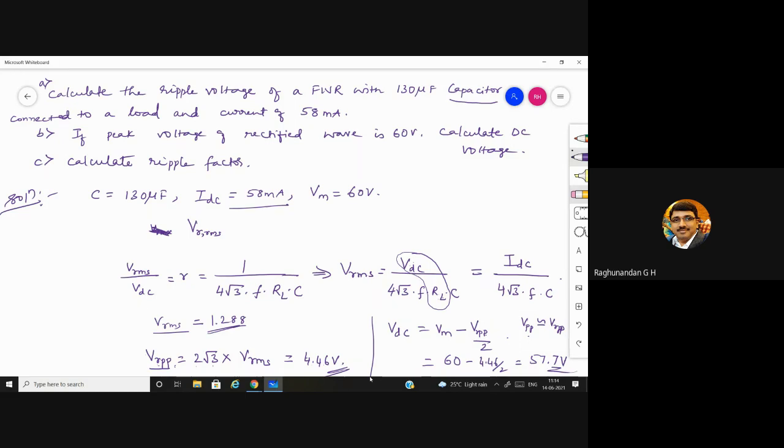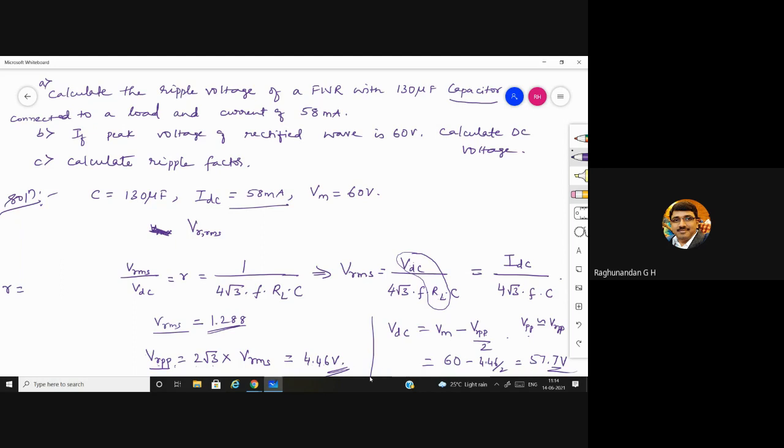Now the next part is finding out the ripple factor. Once you are done with the other values, you can use 1 by 4 root 3 F C RL, or you can even use VRMS by VDC. Any formula you can use. You have the capacitor value, but the load resistance is not given, right?